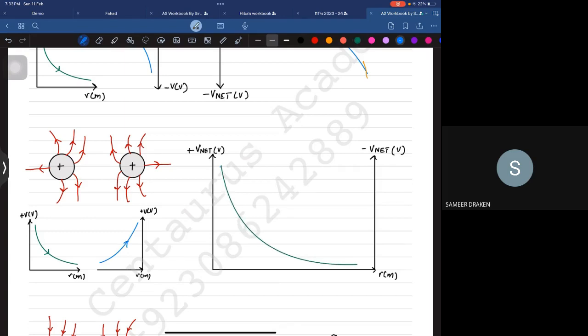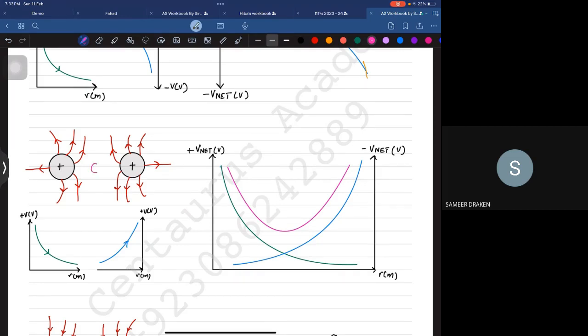The blue one goes like this. Now, when they combine together, they give you the net potential like this because they add up, right? The potential is maximized.